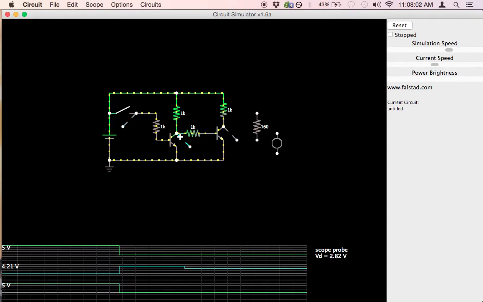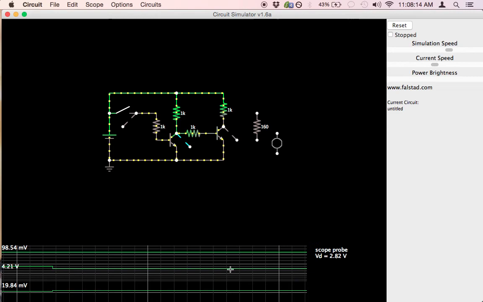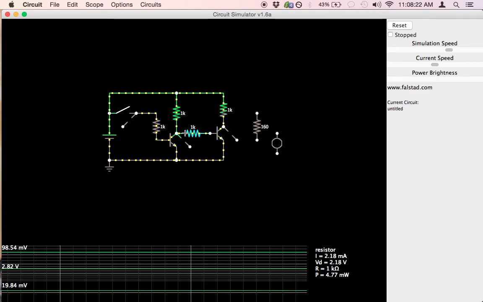But our middle voltage right here is a little bit lower than 5 volts. In fact, it's going to be closer to 2.5, maybe a little bit over 3. Let's wait here till the scope scrolls off and see what that peak is. Yeah, 2.82 volts. Why is that?